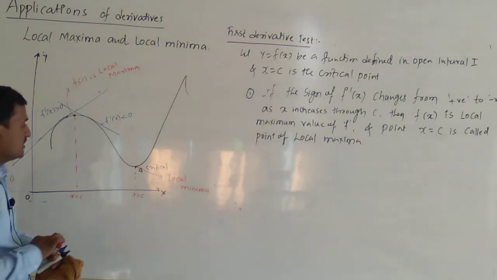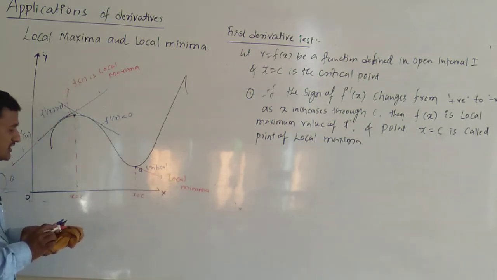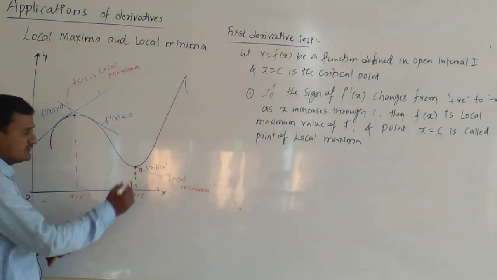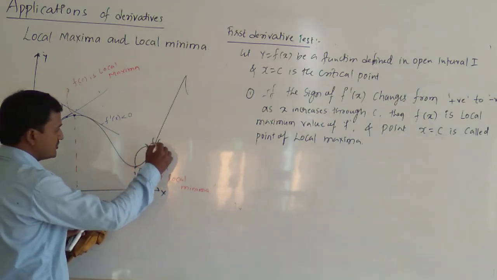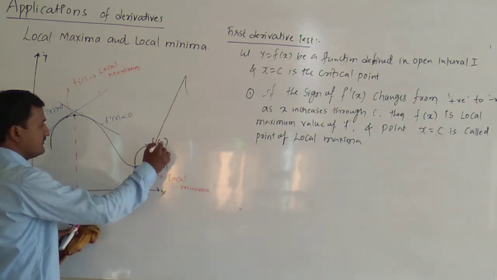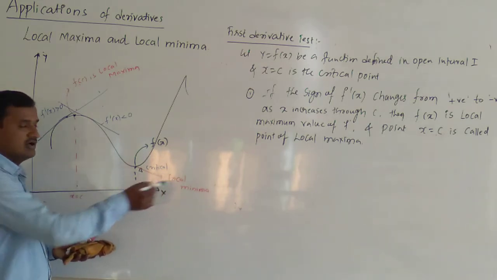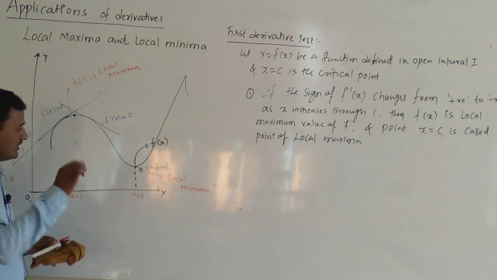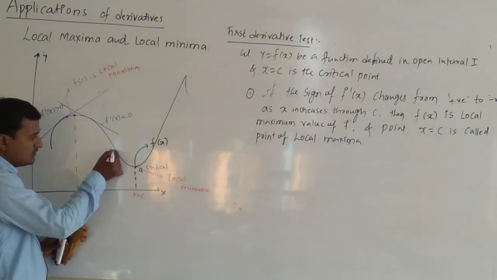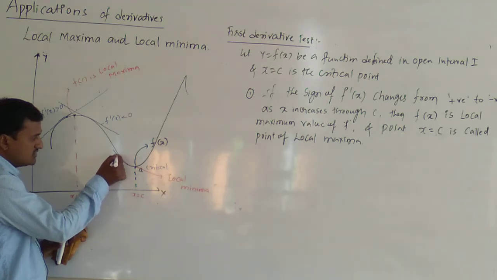Okay, right. Now we have to discuss the local minima. So again here this is the point x equal to C, and here you are getting the functional value, that is f of x. So here f of x is a local minima. Left side of this C, you take one more tangent. At this point I want to take the tangent.